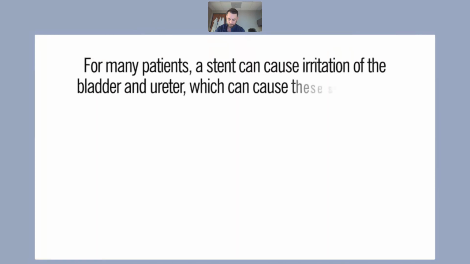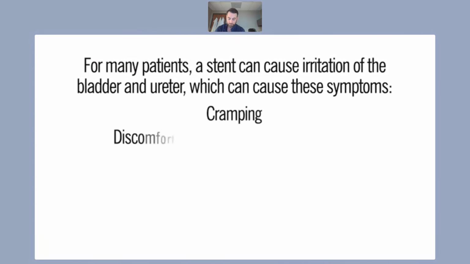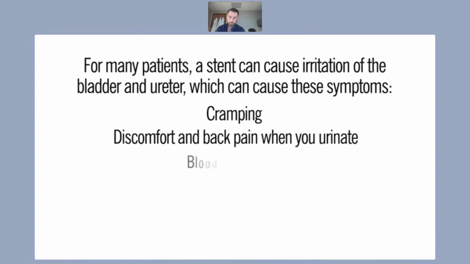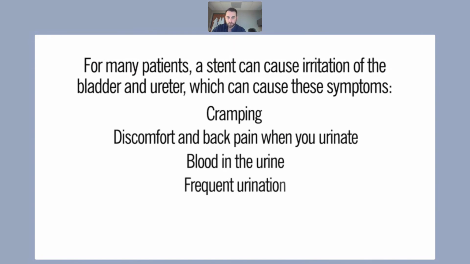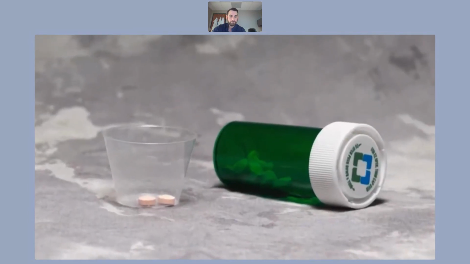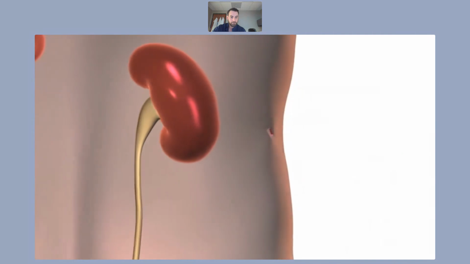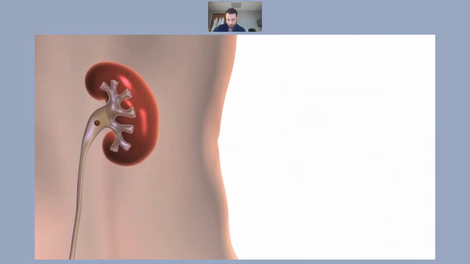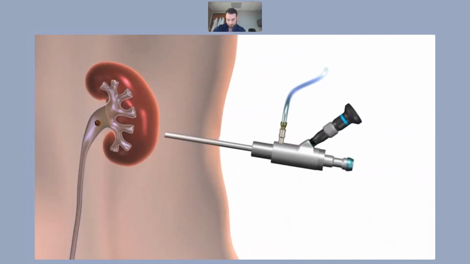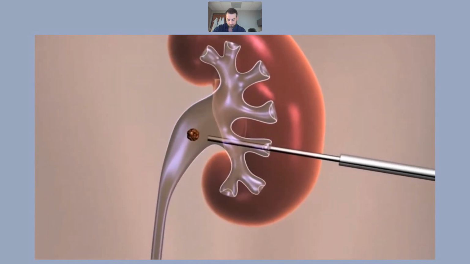For many patients, a stent can cause irritation of the bladder and ureter, which can cause these symptoms: cramping, discomfort and back pain when you urinate, blood in the urine, frequent urination, urinary urgency, and bladder pain. These symptoms can be managed with medication. The benefit of percutaneous nephrolithotomy is it has the highest success rate for kidney stone removal and can clear most kidney stones with one procedure.